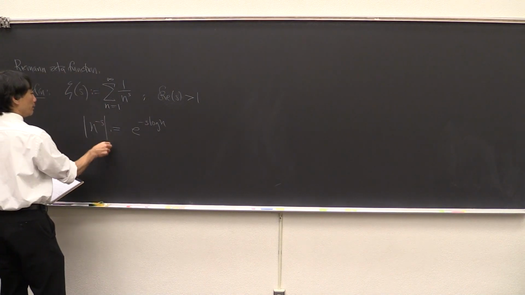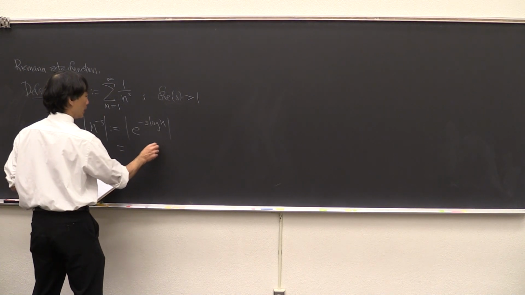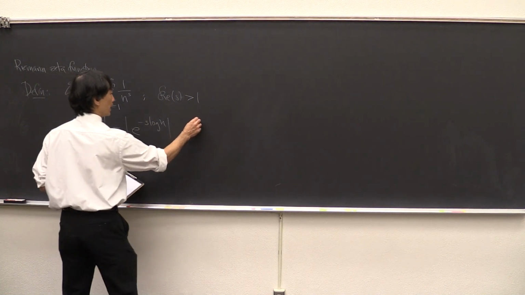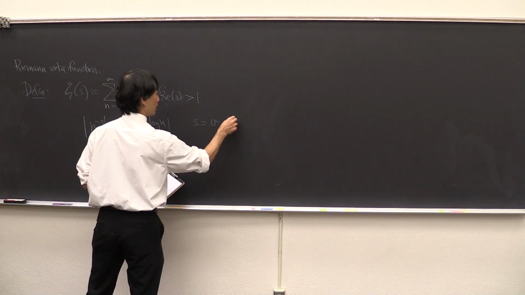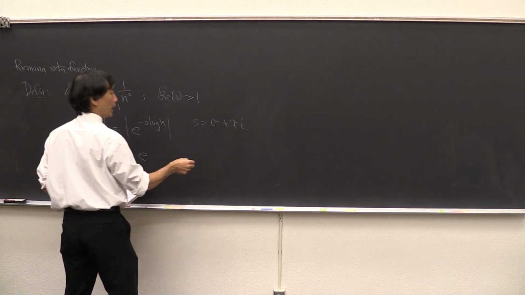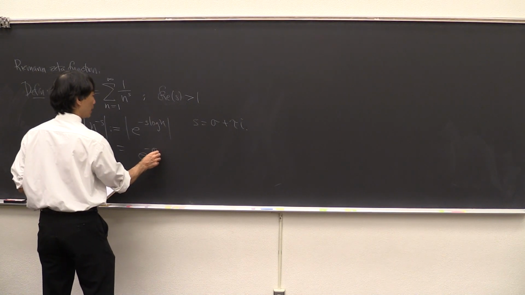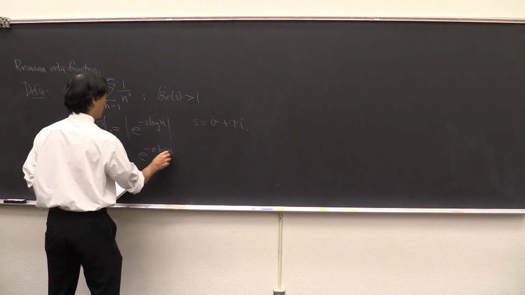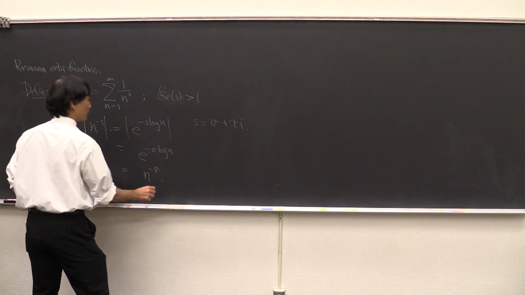If you're looking at the size of that, let's say s is sigma plus tau i, the real and the imaginary parts. This is going to be e to the negative sigma log n. In other words, you get n to the negative sigma, right?